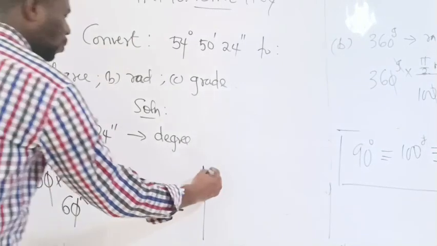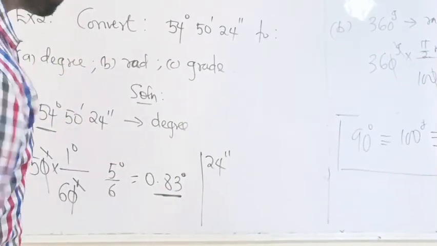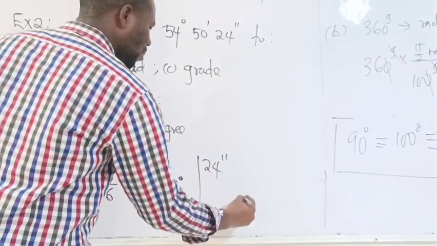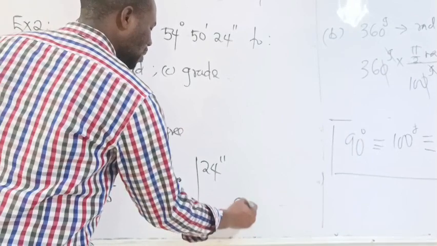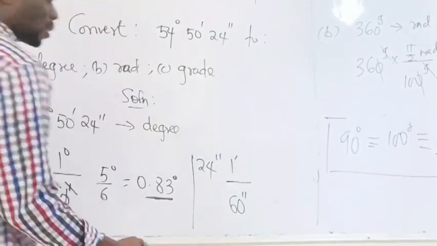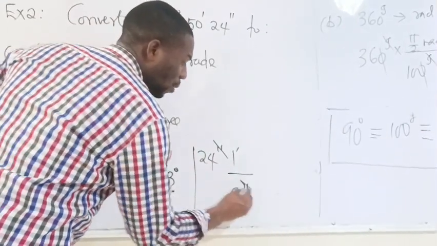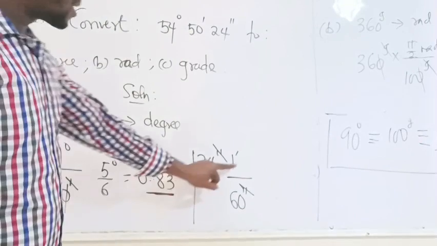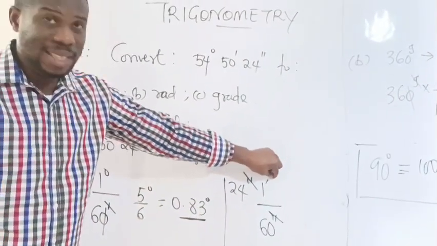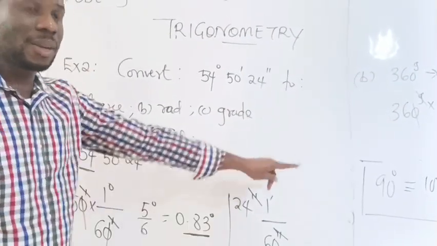Now I'm taking 24 seconds to degrees also. I know that 60 seconds is equivalent to 1 minute, so the seconds will cancel out. But I still need to go a step further and convert from minutes to degrees. The intermediate step between seconds and degrees is the minute.